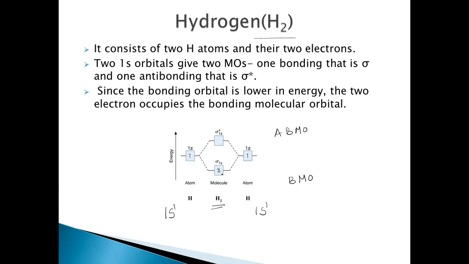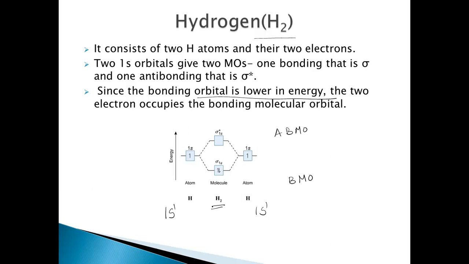Sigma 1s gets filled first according to the Aufbau principle, which says that lower energy orbitals get filled first. Since the bonding molecular orbital is lower in energy, the two electrons will occupy it.